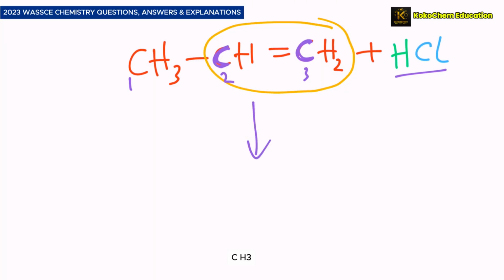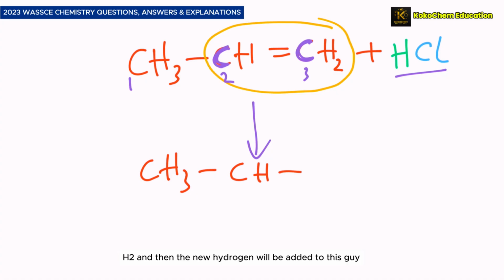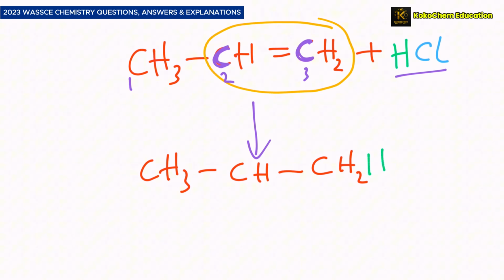So in this reaction, we will have CH3 CH single bond CH2, and then the new hydrogen will be added to this one, making it CH3. I've written it this way so that you can understand it. And then add the Cl, the chlorine atom, to the carbon with fewer hydrogens.